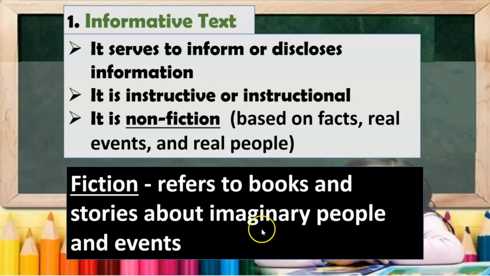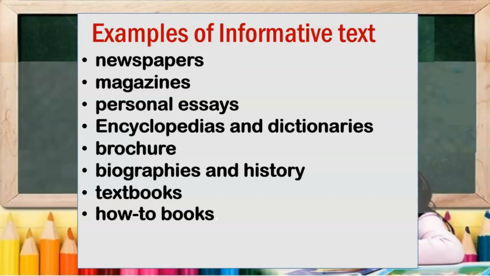Just like the story of Cinderella, Superman, and Spider-Man, they are just characters in the book. They never really existed in the past. They are just the creation of the authors. Once again, informative text is non-fiction, meaning it's only about facts, real people, and real events.